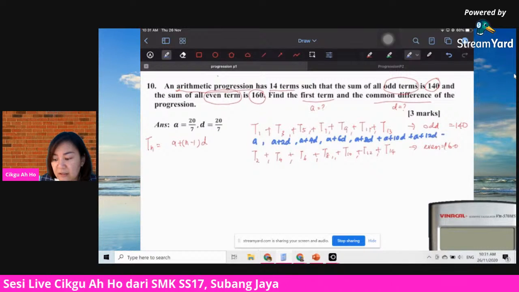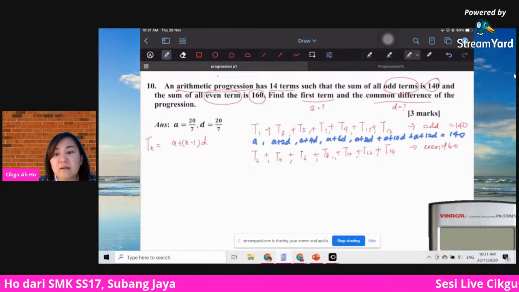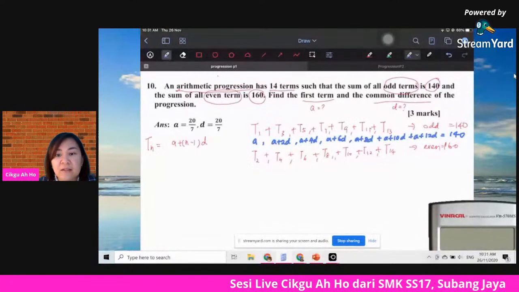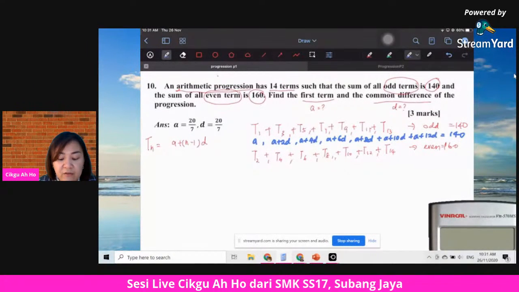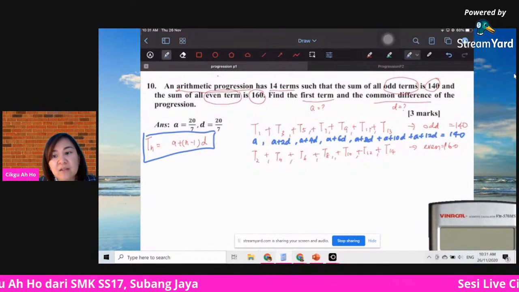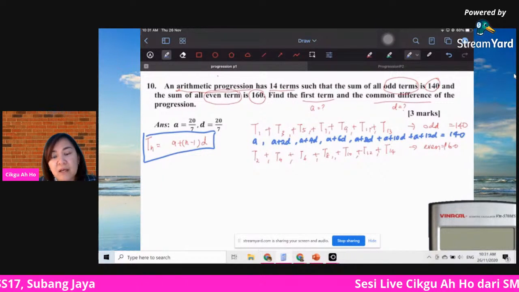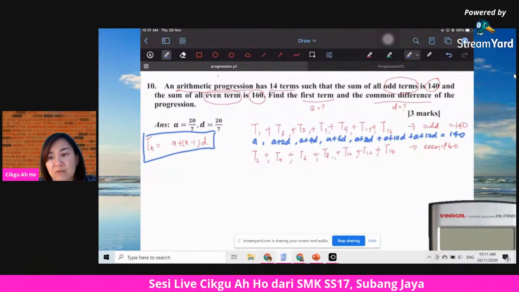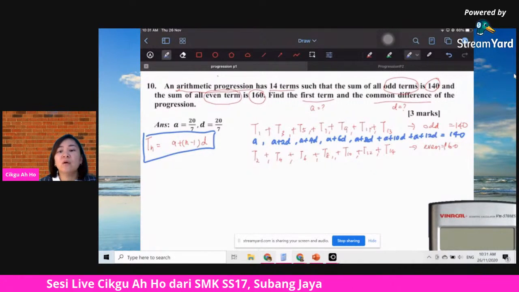That equals 140. Can you see? You know how I get A plus 4D, A plus 6D? This needs a bit of technique, but there are many ways to solve it. I just want to explain one by one so that you know how to solve it.